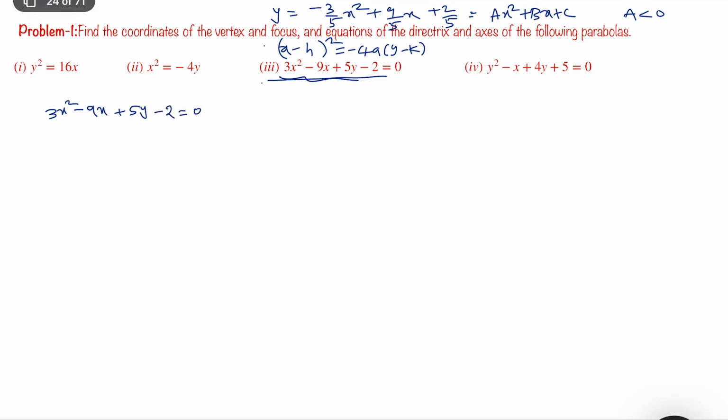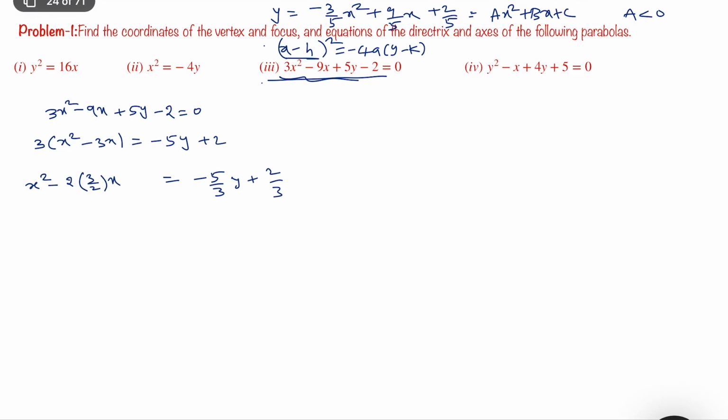Now let me take 3 common, then I will write x square minus 3x equal to minus 5y plus 2 if I bring 3 this side. Then x square, this 3x I want to write like 2 times 3 by 2 x, equal to minus 5 by 3 y plus 2 by 3.